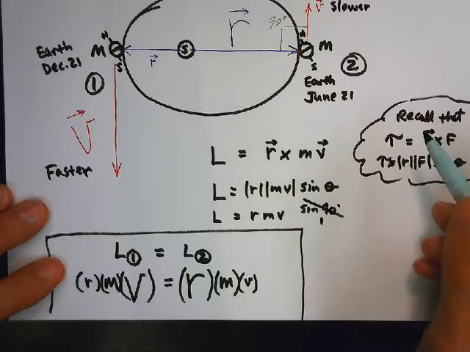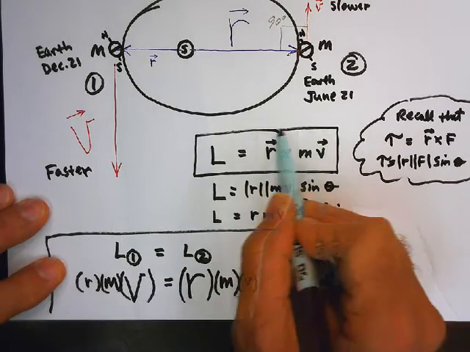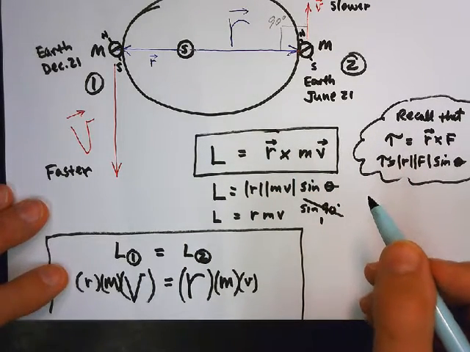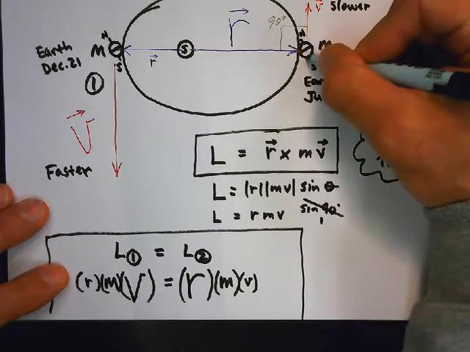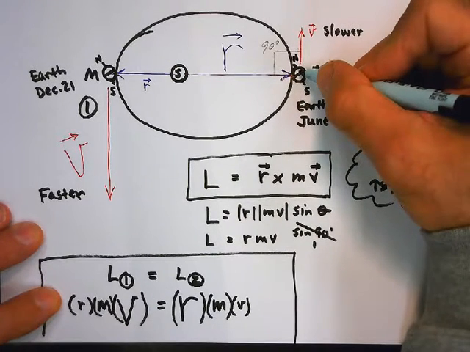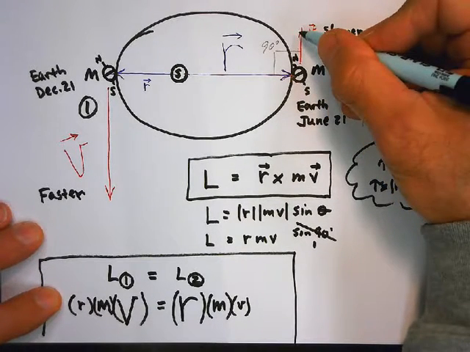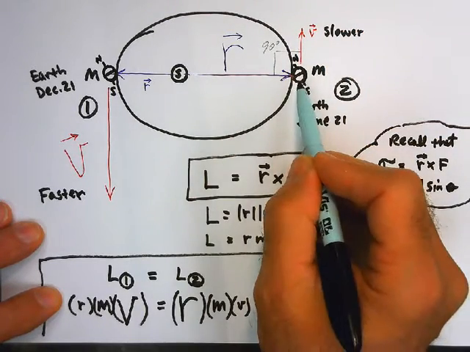Now this formula for angular momentum works really well for point masses, where we have the Earth acting as a point mass, traveling with translational velocity v a certain distance away.